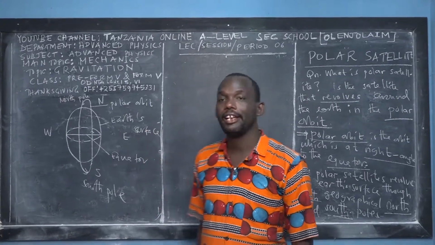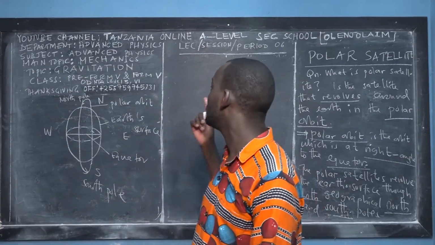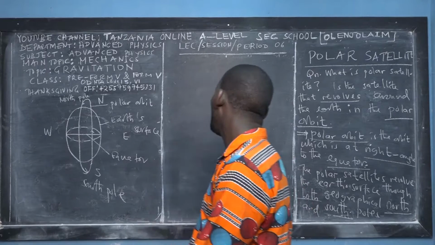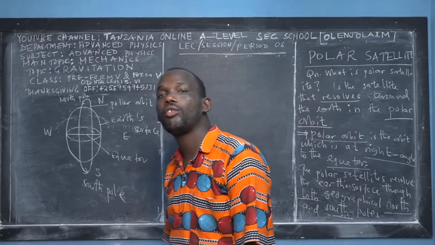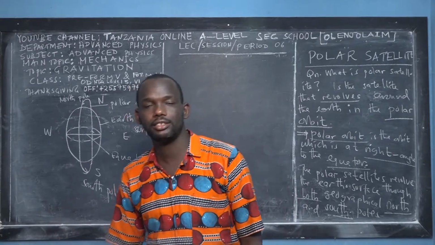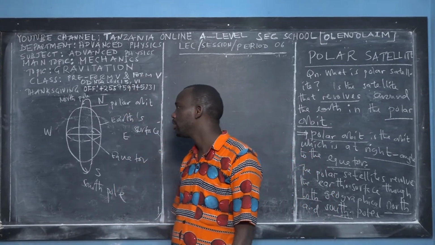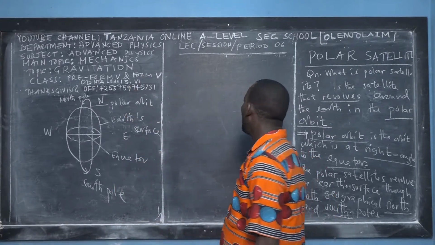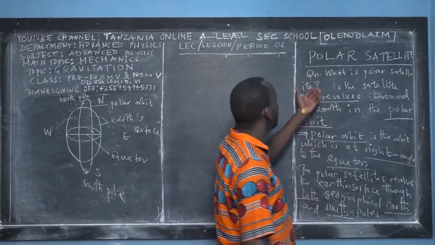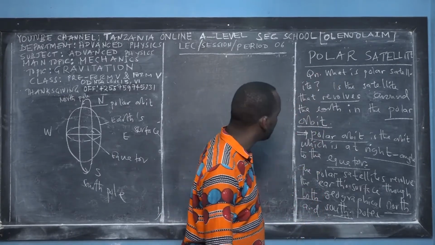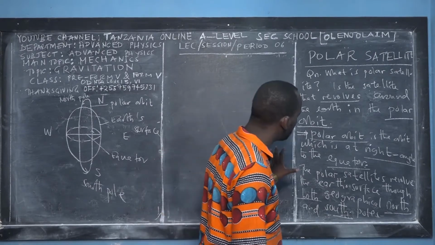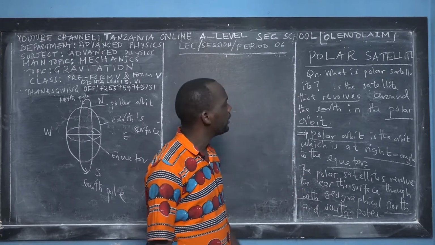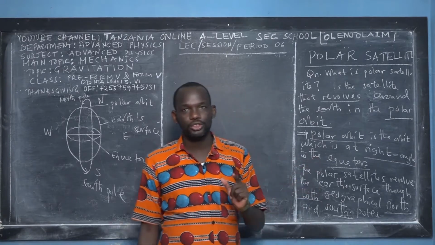Okay, so let us continue with our session, lecture, or period 6 concerning the orbit of artificial satellites. That's what we've been discussing from the beginning of this lecture. A few minutes ago, I was teaching about the polar satellites, and I told you that these satellites revolve around the Earth in the polar orbit.